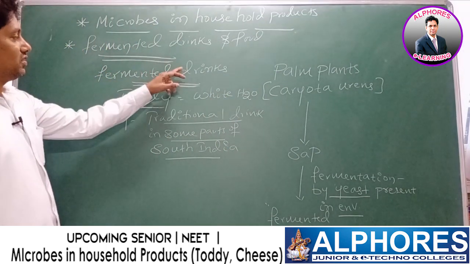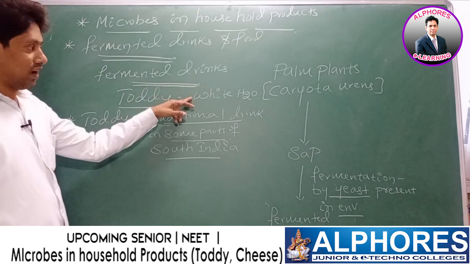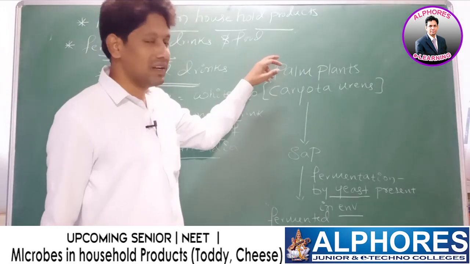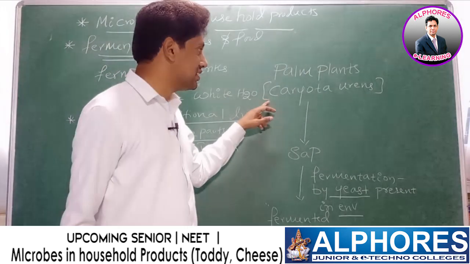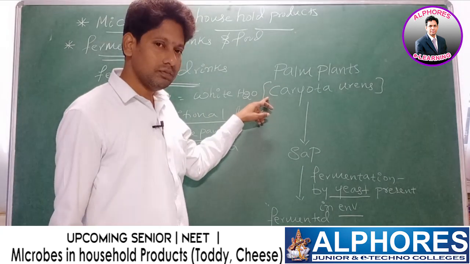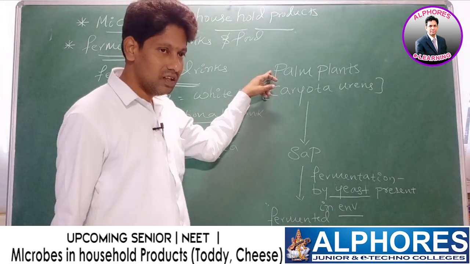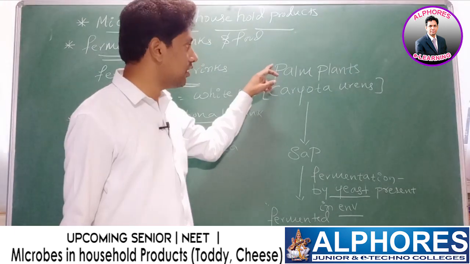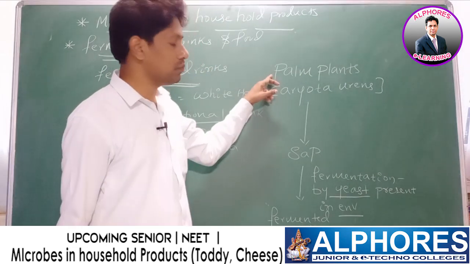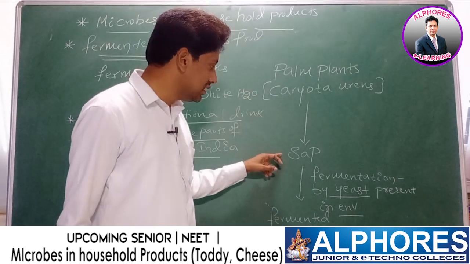Therefore, fermented drinks, best example is toddy, nothing but white water. It is produced from palm plants, best example Caryota urens. We make a cut in the leaf of the palm plant and the liquid that oozes out is sap.